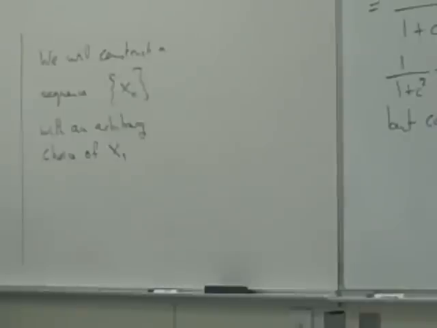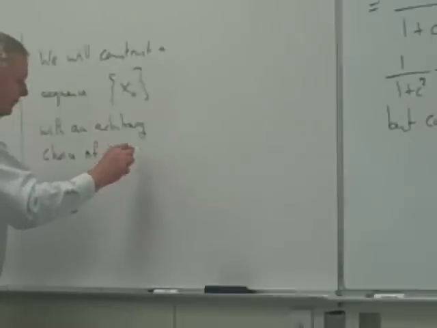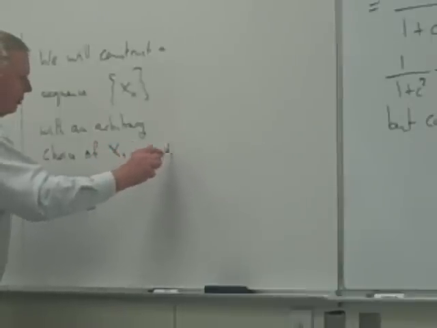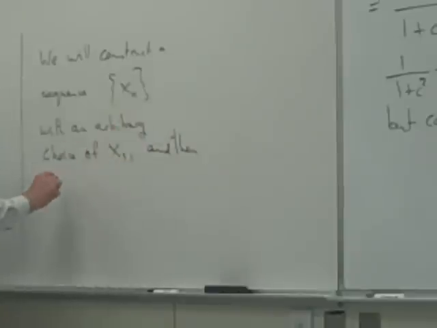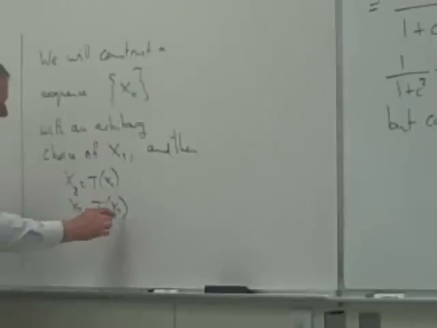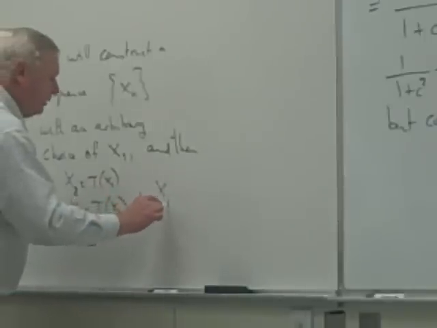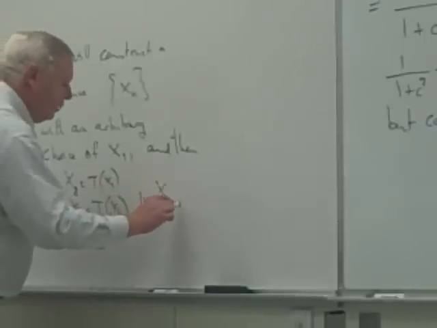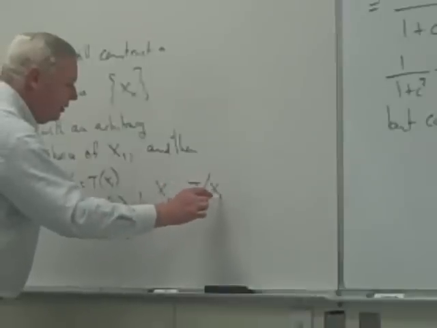But once I've chosen the first one, I'll get all the others by applying T successively. So x2 will be T of x1, x3 will be T of x2, and so on, and in general, xn plus 1 will be T of xn.